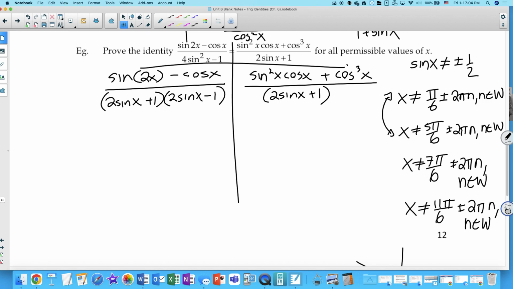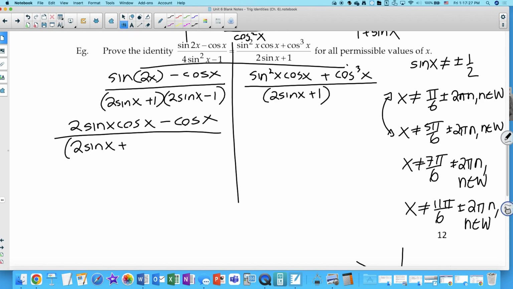So I'm going to do a substitution here so that I don't have that double angle in there anymore. And that will be 2 sine x cos x minus cos x over 2 sine x plus 1 times 2 sine x minus 1. Okay?